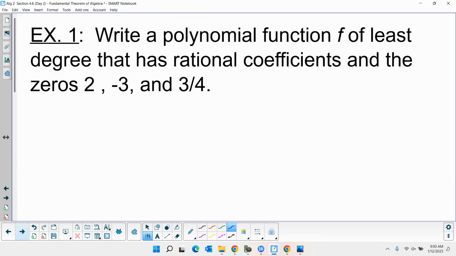So, here's 3 zeros for a polynomial. All right? And you have to find the polynomial that goes with those 3 zeros. So we're going backwards. We always start your factors x minus.